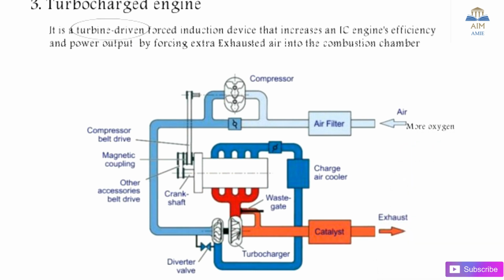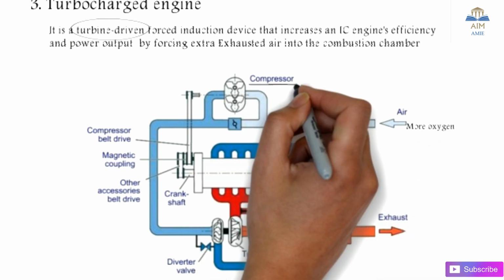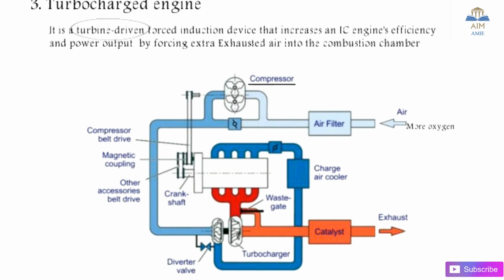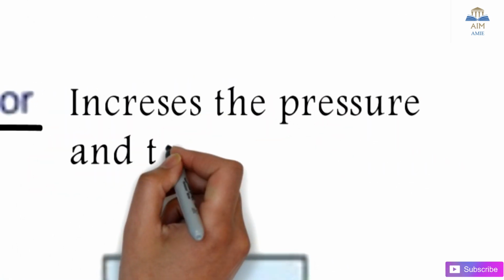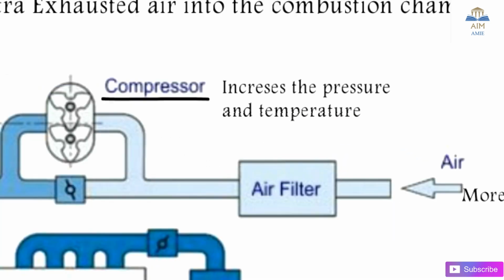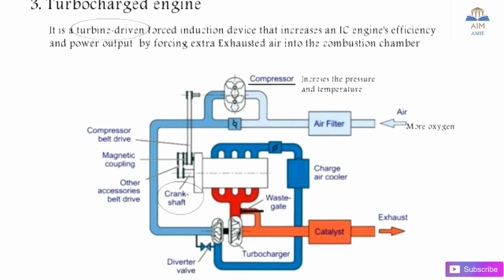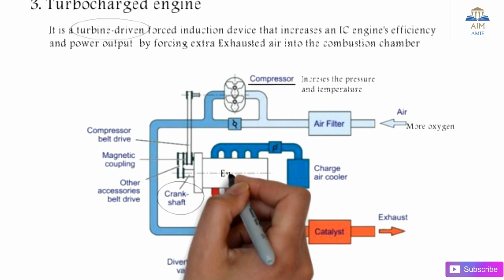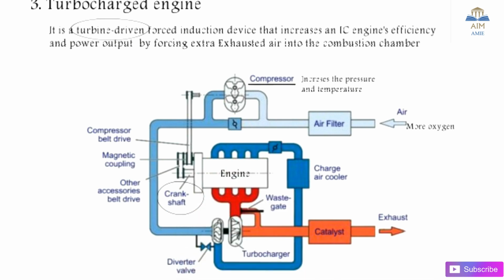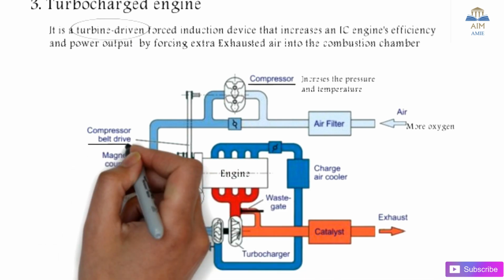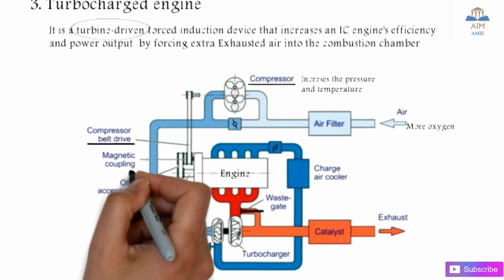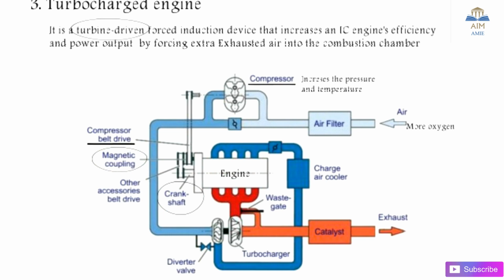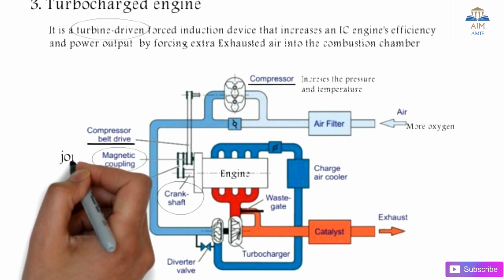The air comes from the air filter, then goes to the compressor, which compresses the air, increasing its pressure as well as temperature. The compressor is connected to the crankshaft of the engine by means of a belt drive and a magnetic coupling. It can be any type of joint.